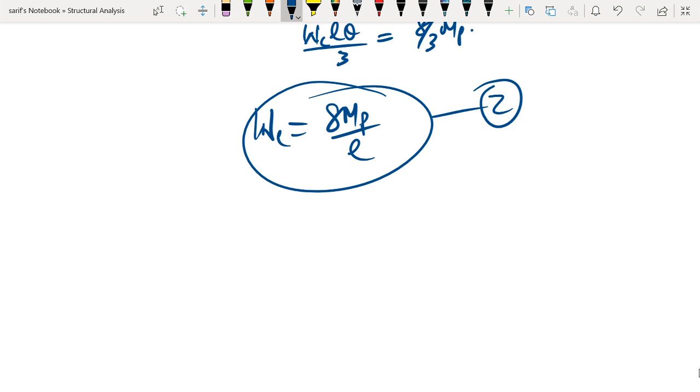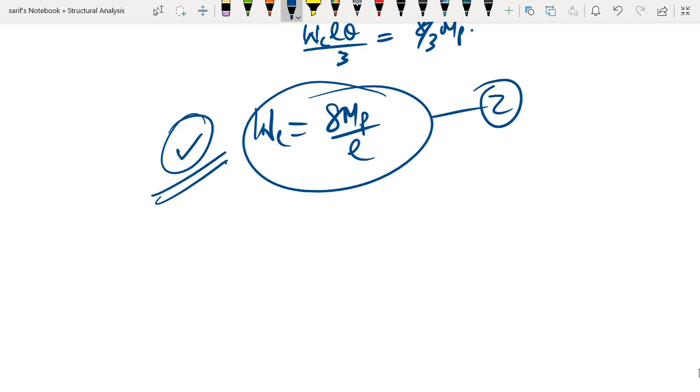Comparing the collapse load from mechanism number 1 and mechanism number 2, we see that the collapse load for each of the mechanisms is the same. When the collapse load for each of the mechanisms is the same, it means that the collapse through each of the mechanisms is going to occur simultaneously. So both the mechanisms are going to occur simultaneously, and WC equals 8 MP by L is the collapse load of the structure.